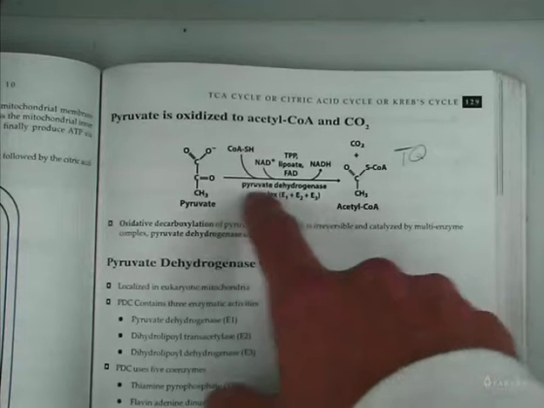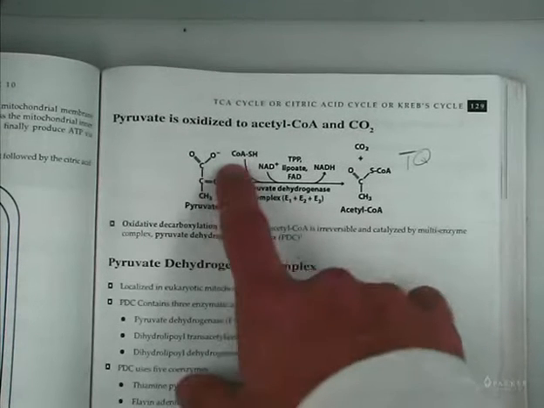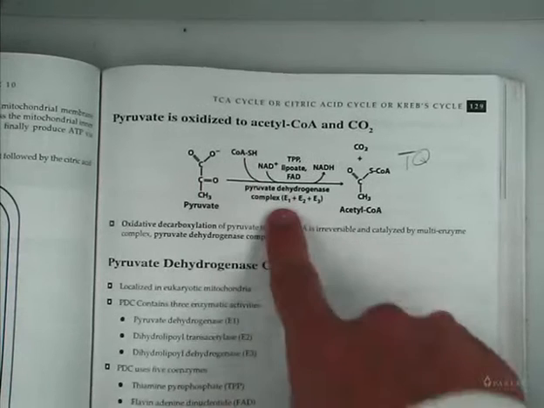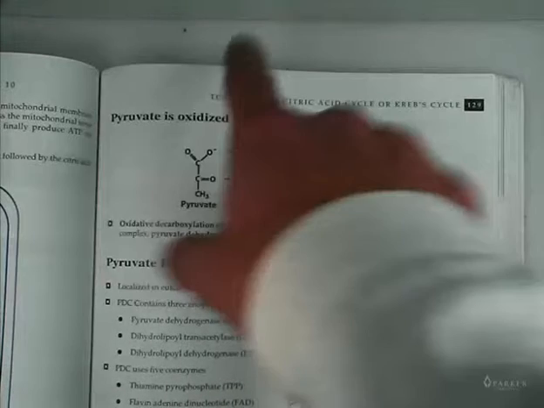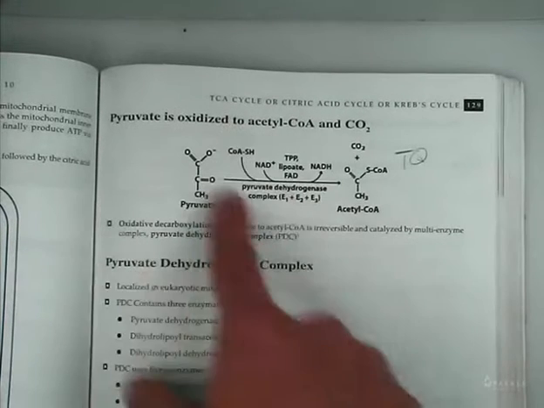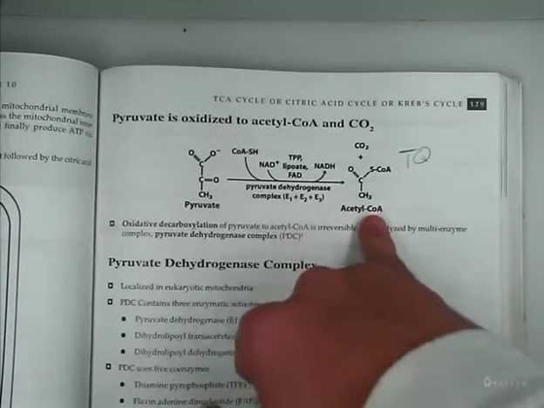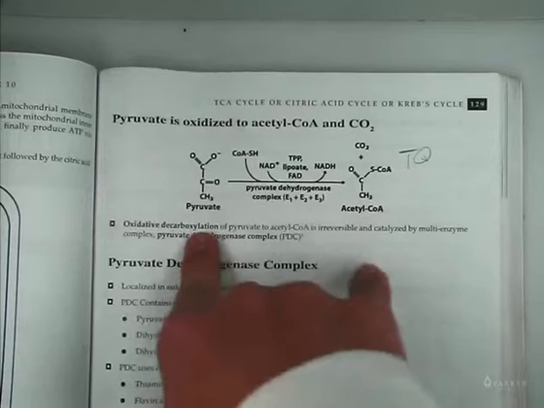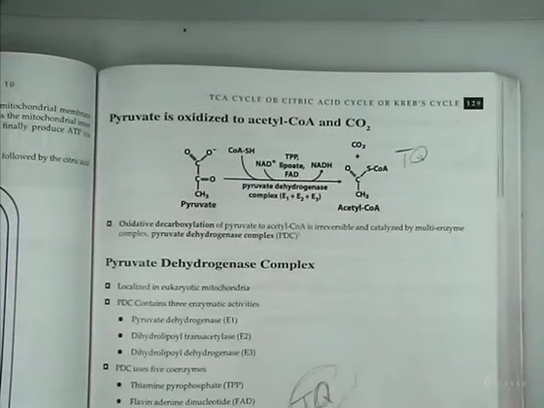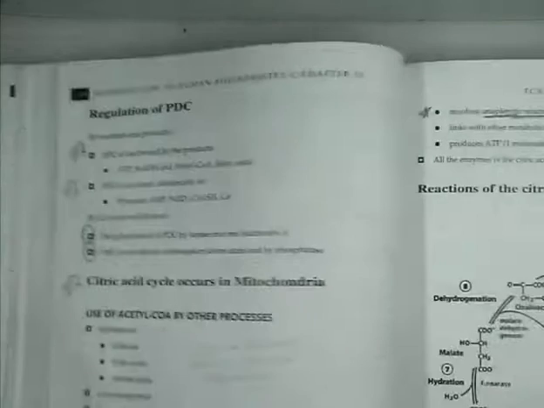I would know the coenzymes, know this name, know everything on top, know everything on bottom, know what starts, what finishes. The pyruvate, not the structure, right? No, you don't need to know the structure.